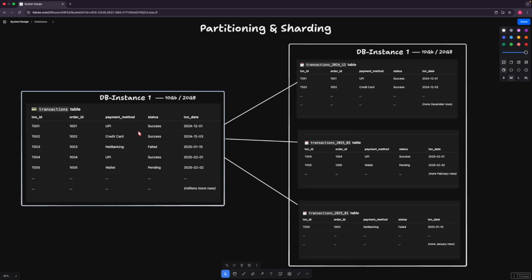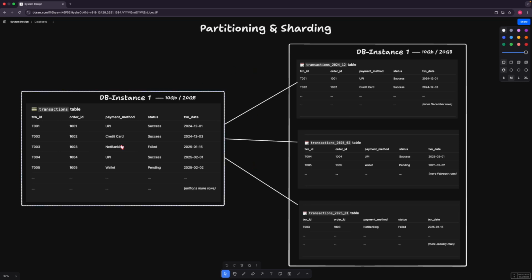Because the number of transactions has grown over time. So the response time of those queries or the API will be higher. To improve the efficiency of the response, we need to go with the option of partitioning.